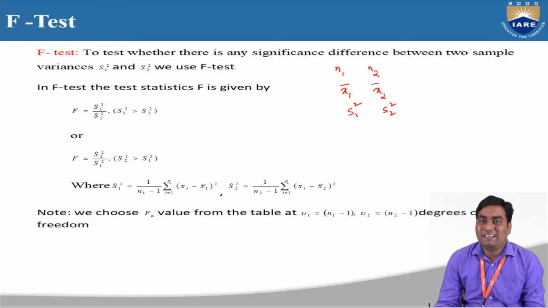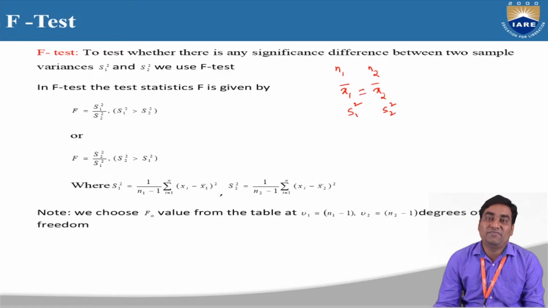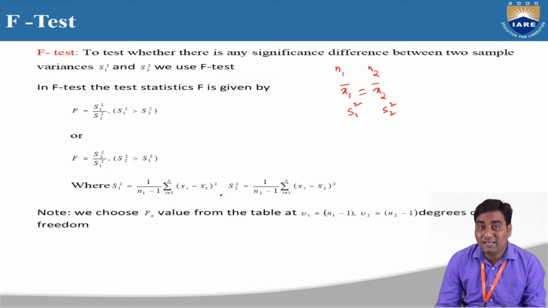But the difference between the t-test for difference of means and the F-test is this: in the t-test for difference of means we tested whether there is any significant difference between the means of the given samples.